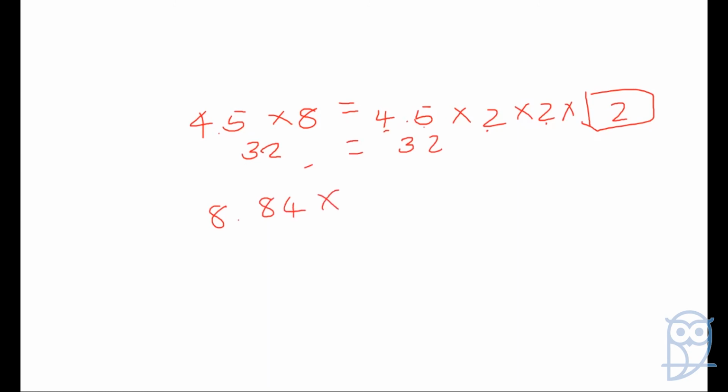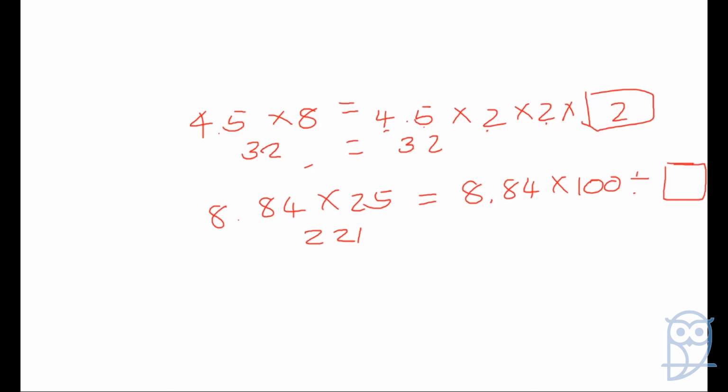8.84 times 25 is equal to 8.84 times 100 divided by something. Now, let's just look at this for a little while. 8.84 multiplied by 25 will give us 221. On this side of the equation, it says 8.84 multiplied by 100 divided by a number is going to give us this answer.